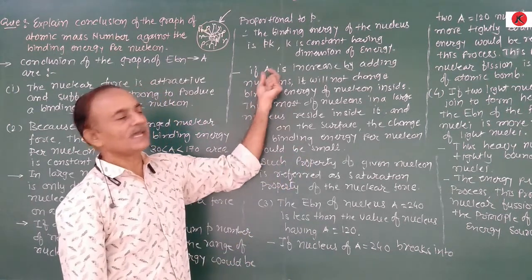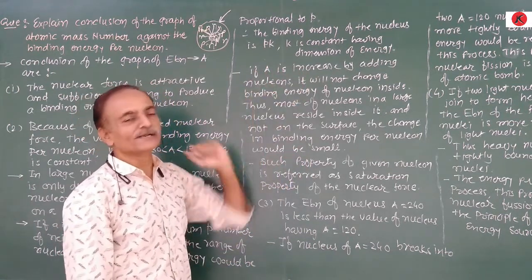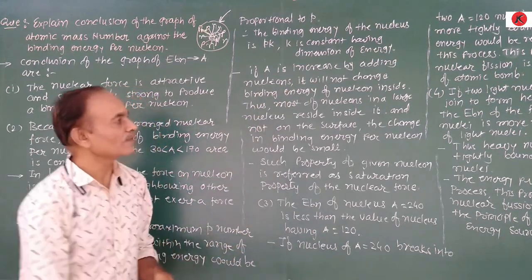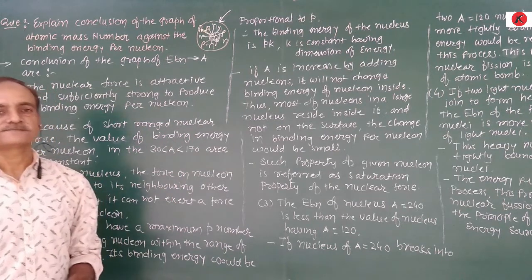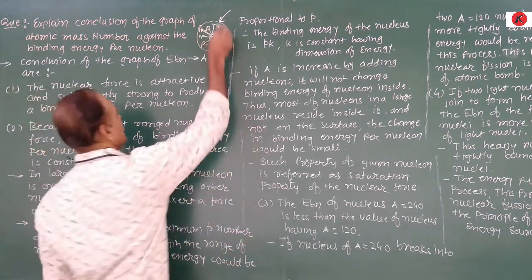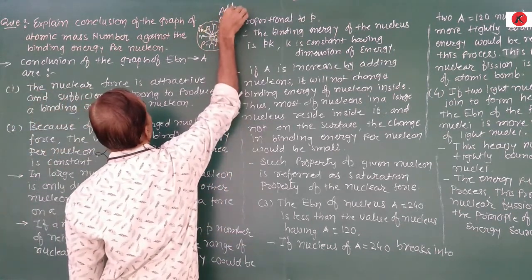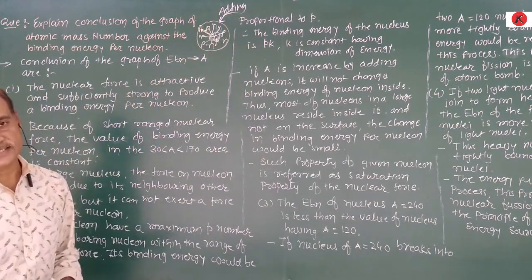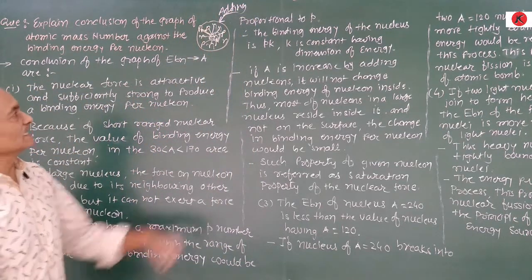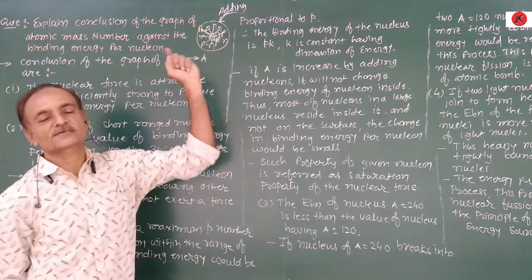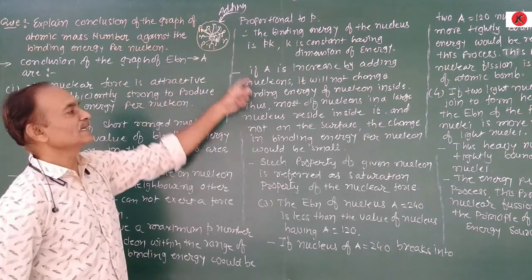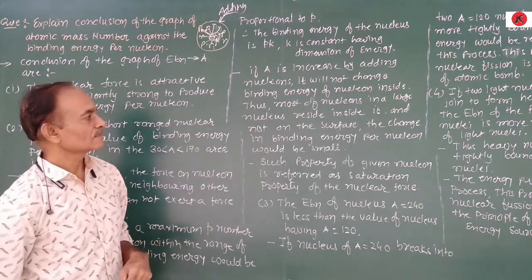Again, if A increases by adding a nucleon, it will not change the binding energy of the nucleons inside. Let's say we add a nucleon in a nucleus. So what happens? These nucleons are on the surface, not inside. Therefore, the binding energy is not changed.